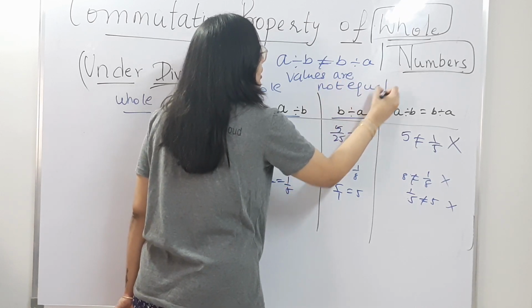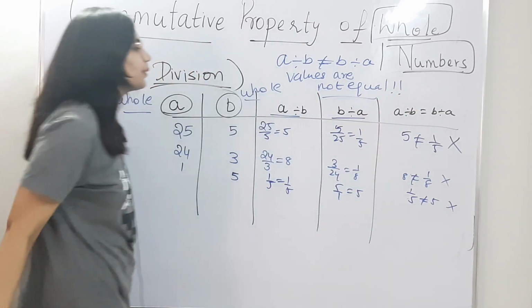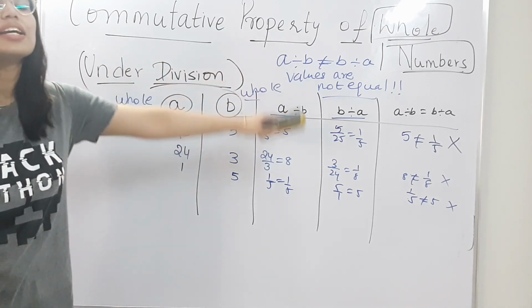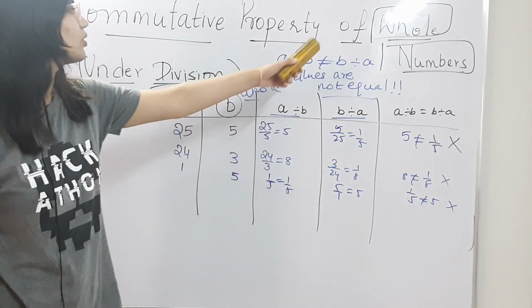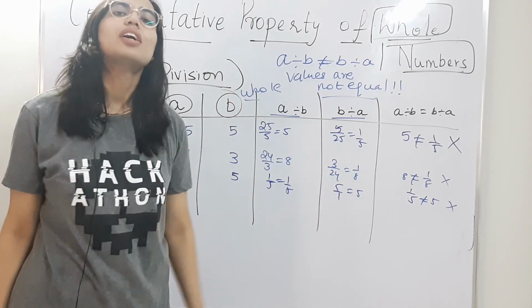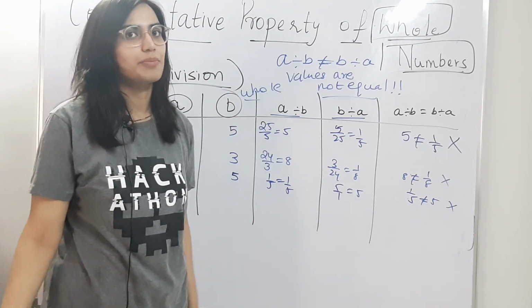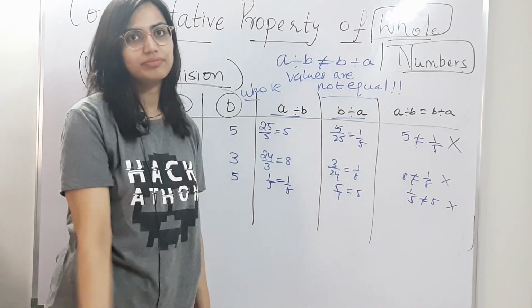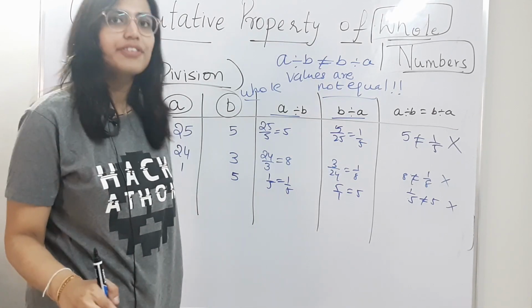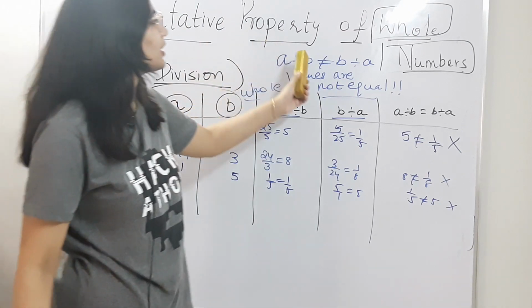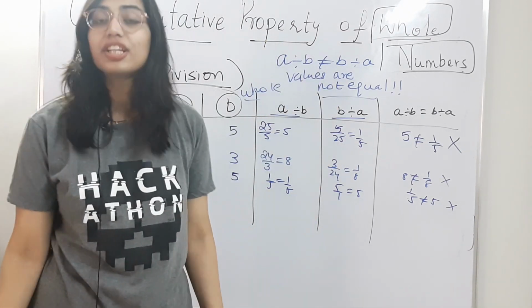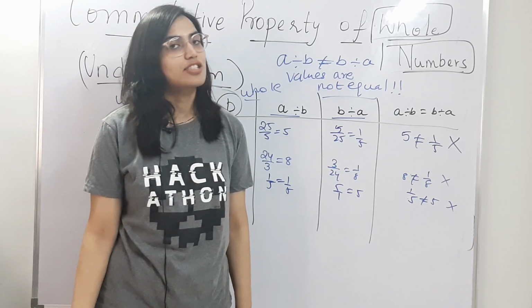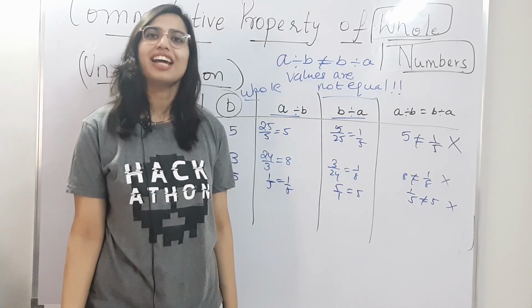So this is how we prove that commutative property is not satisfied for whole numbers when we performed the division of whole numbers. So the order of division matters here. Okay, in brief, we can say that commutative property is satisfied for addition and multiplication, but it is not satisfied for subtraction and division.